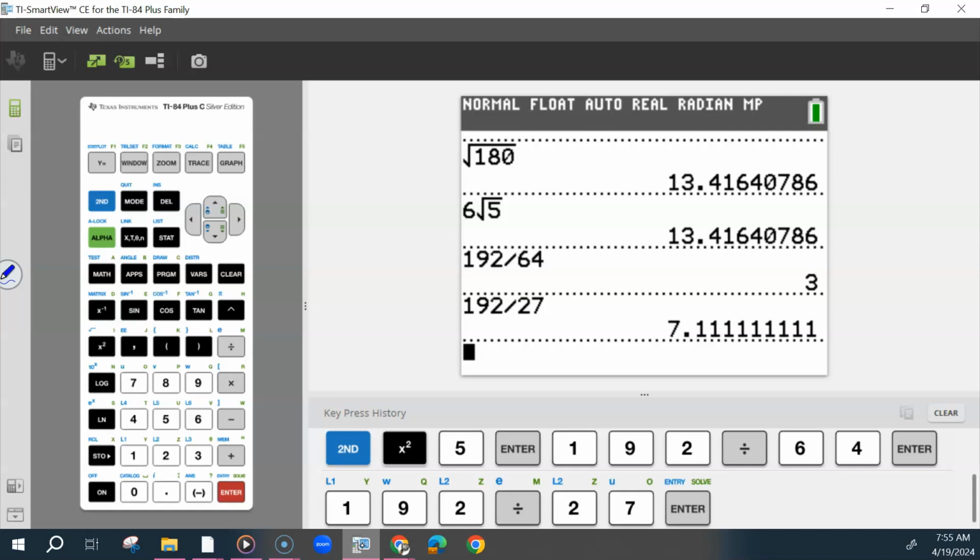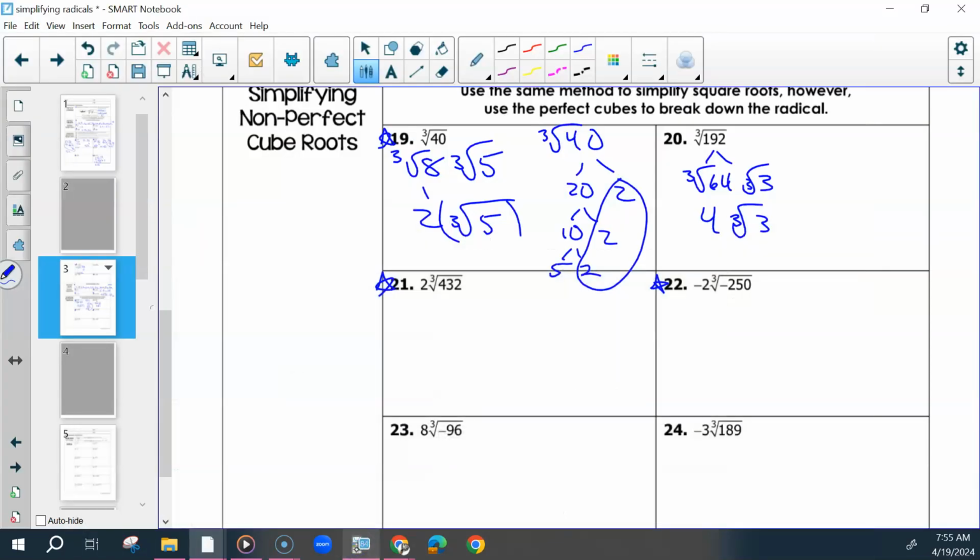What's something else that goes into 192? 12 and 16. Okay. So again, I'm just going to write the numbers so we can break them down. Give me 2 factors of 12. 3 and 4. 2 factors of 16.